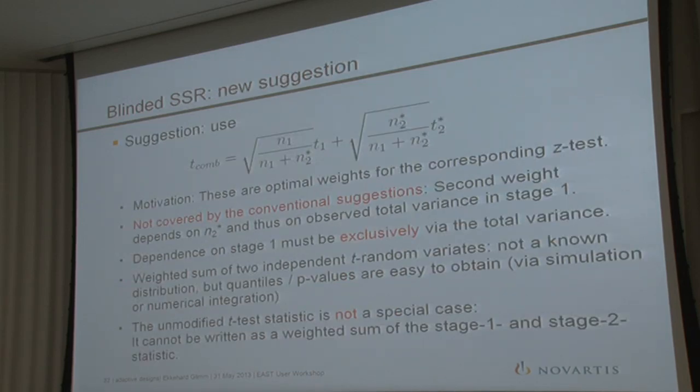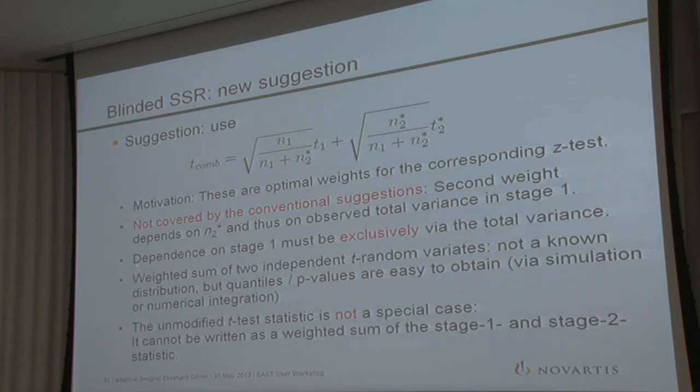So here you can, rather than use these pre-specified weights, N1 and N1 plus N2, you can use N1 over N1 plus N2 star as the weight. And that, of course, is the real optimal weight. This is not covered, and because of this data-dependent weights, it's not covered by conventional suggestions.